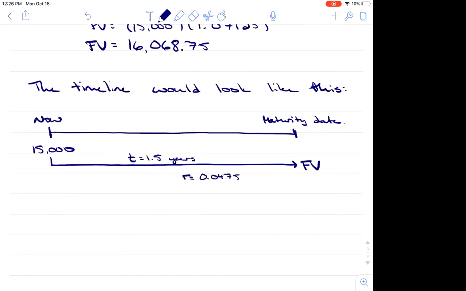Anything you have to solve for, you can just leave it as the variable name on there, right? And then that shows me that you've read this problem and you actually understand that you've invested some $15,000 for 1.5 years at a rate of 0.0475, and you're looking for the future value, right?